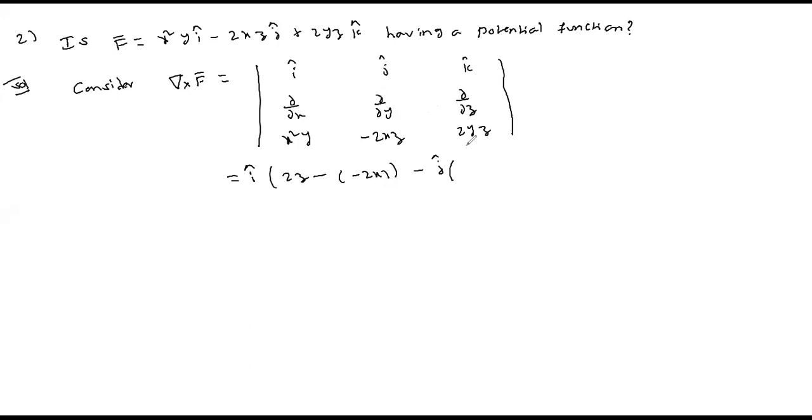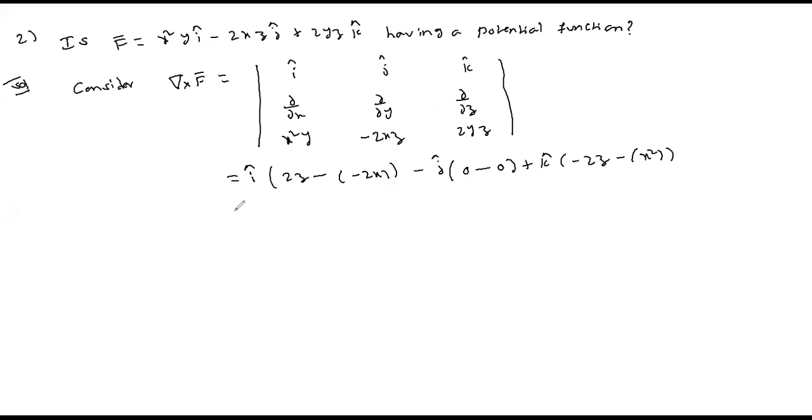Minus j bar into del by del x of the third component, which is 0, minus del by del z of the first component, which is 0, plus k bar into del by del x of the second component, minus 2z, minus del by del y of the first component, x squared.